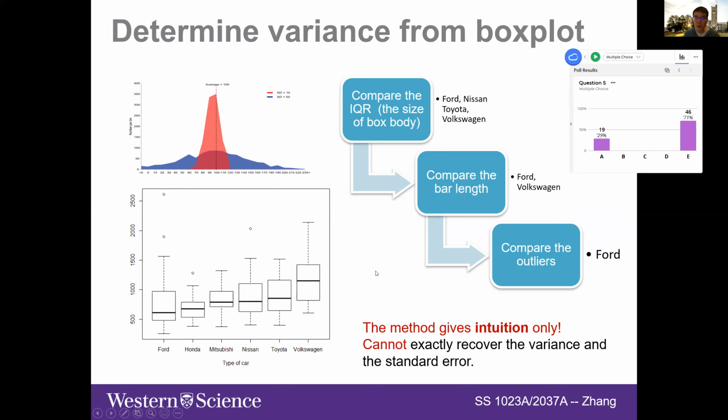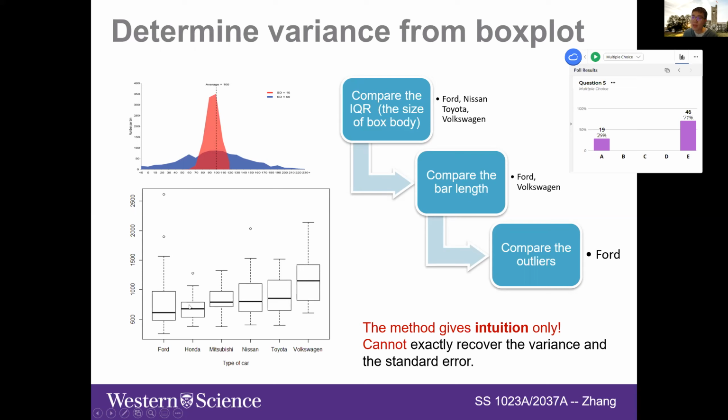But there's an easier way to tell the symmetry: look at the distance from your upper bar to your median, this distance, and compare it with the other half, the median to the lower bar, this distance. Look at whether these two distances are the same. If they are the same, then we believe it is symmetric.